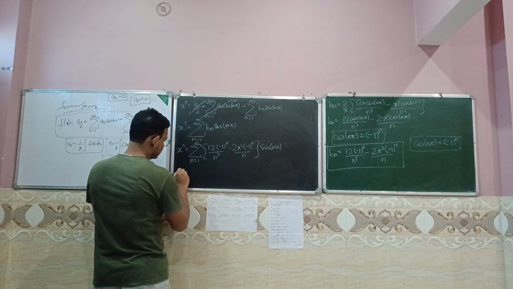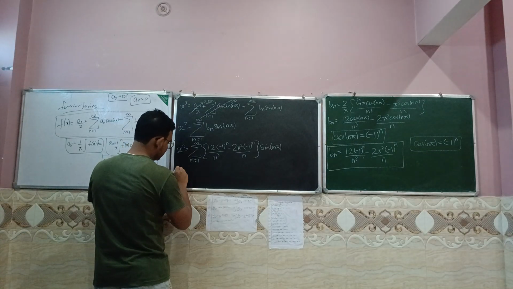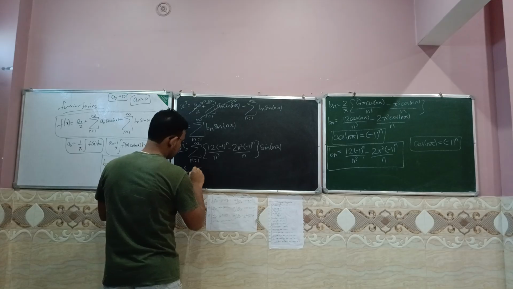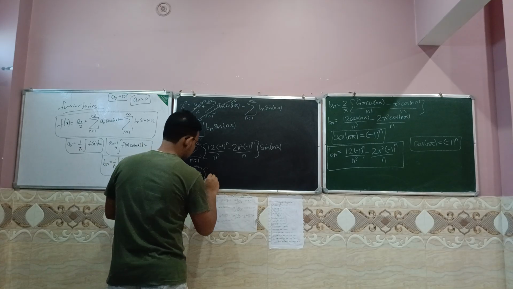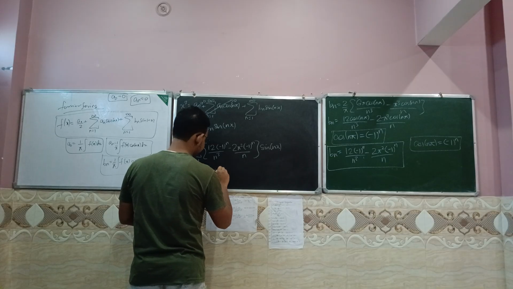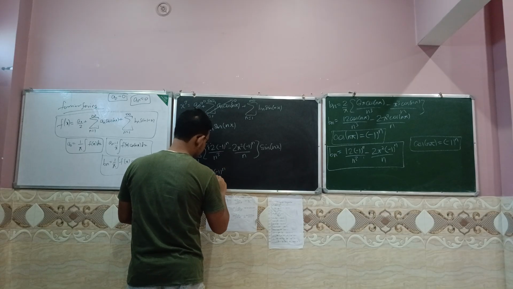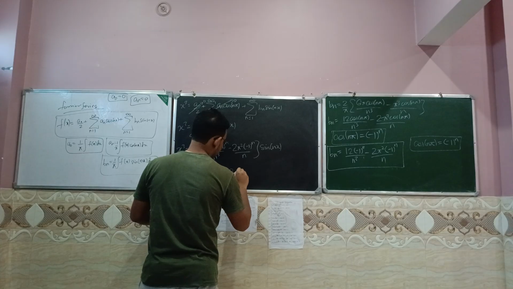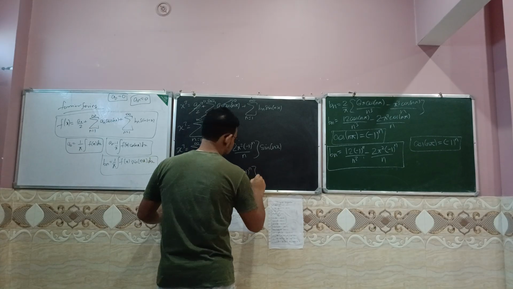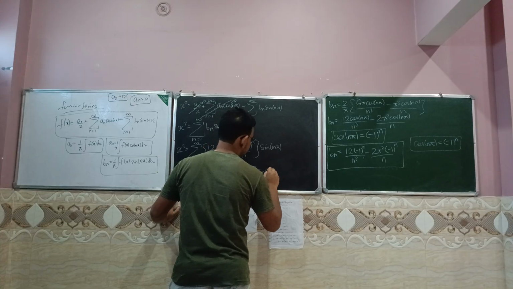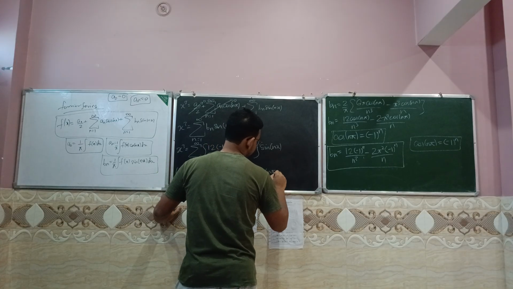So pi over 2 whole cubed, and we have this series. This was my stupidity. I did this to get rid of the sine of this and pi by 2.